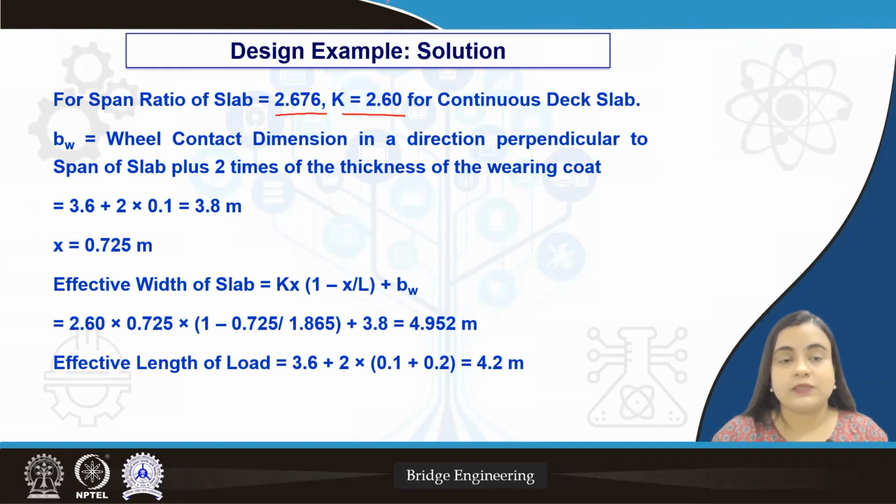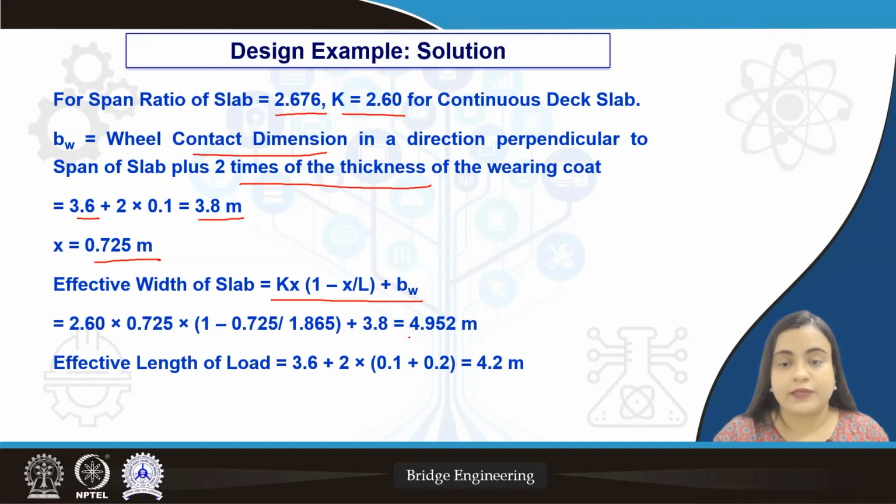Next, Bw is wheel contact dimension in a direction perpendicular to the span of the slab plus 2 times wearing coat thickness. So Bw can be obtained as 3.6 plus 2 times 0.1. So that is equal to 3.8 meter. x is the distance between CG of the wheel to the nearest support that we had already calculated to be 0.725 meter. So we can determine the effective width of the slab from this expression once we apply the magnitude of all the parameters.